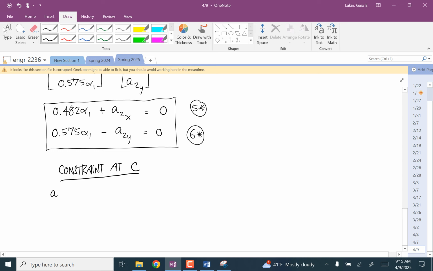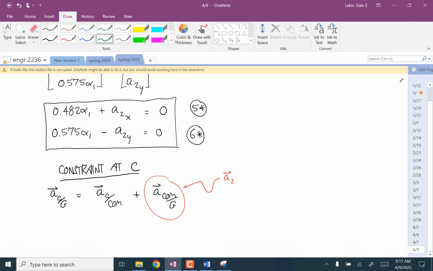So the acceleration of c relative to the ground is equal to the acceleration of c relative to the center of mass of body 2 plus the acceleration of the center of mass of body 2 relative to the ground. This is the variable a2. And this is the watermelon equation.